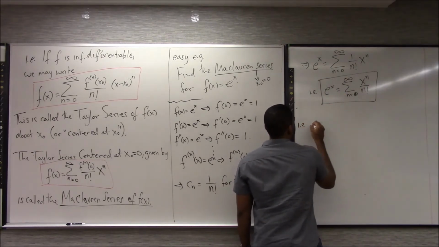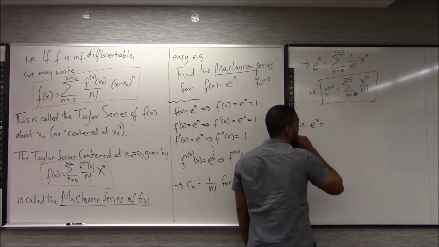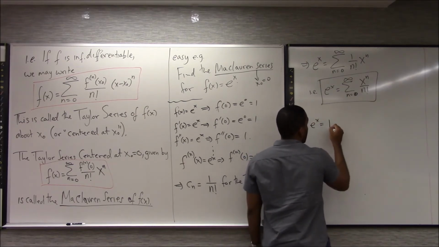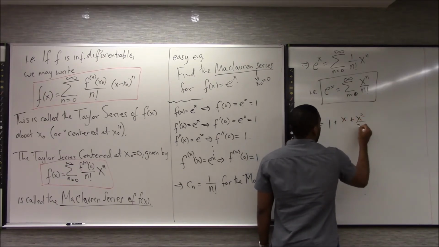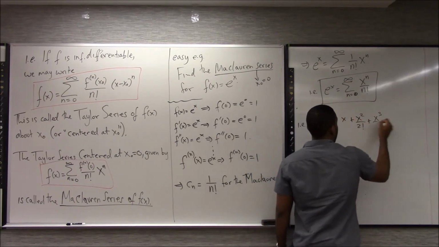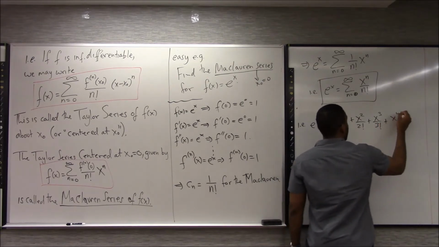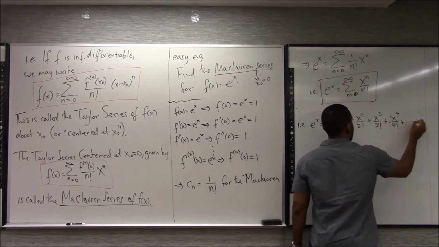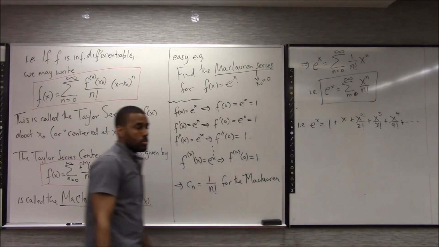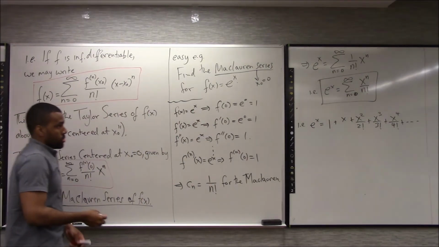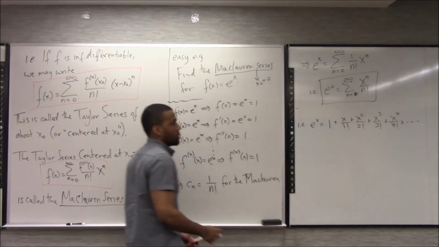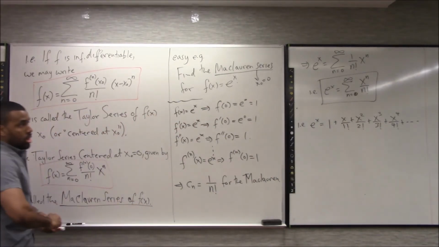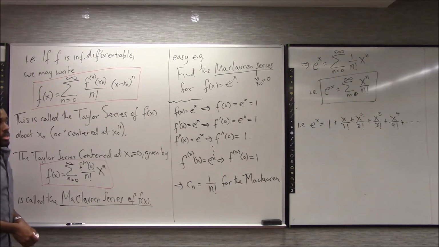I.e., if I want to write e to the x as an infinite series, it will be 1 plus x over 1 factorial plus x squared over 2 factorial plus x cubed over 3 factorial plus x to the 4th over 4 factorial plus and so on. And that is e to the x as an infinite series.